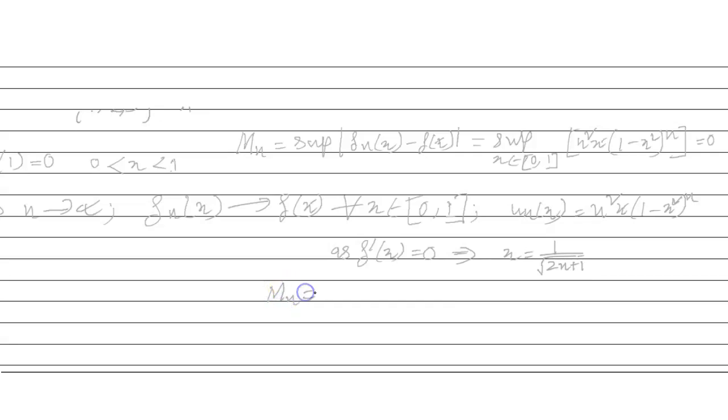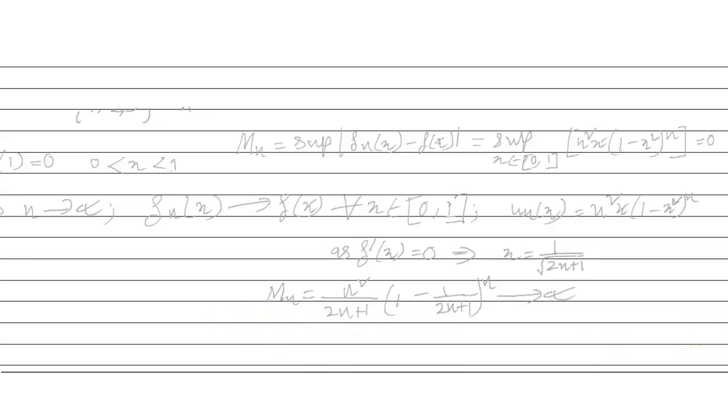So Mn equals to n square divided by 2n plus 1, 1 minus 1 by 2n plus 1 whole to the power n, tends to infinity. So if Mn tends to infinity, it is not uniform convergence.